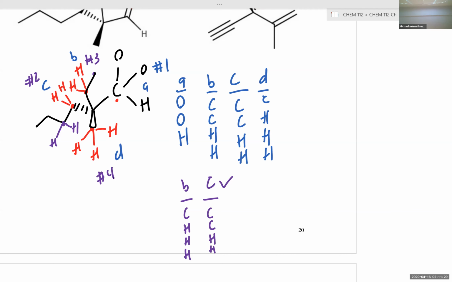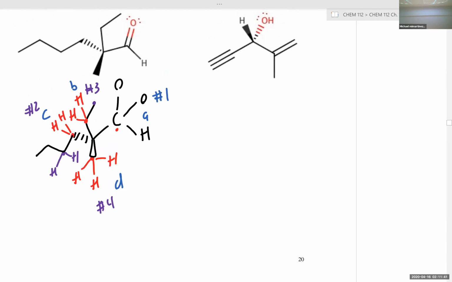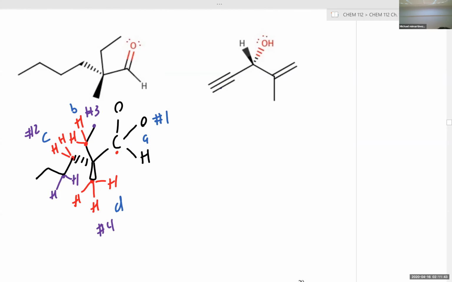Okay, so I'm going to clear up some space now. Eventually you're going to be able to assign priority of groups by sight, but when in doubt, you can make the table. So let's convert all our double and triple bonds into single bonds.